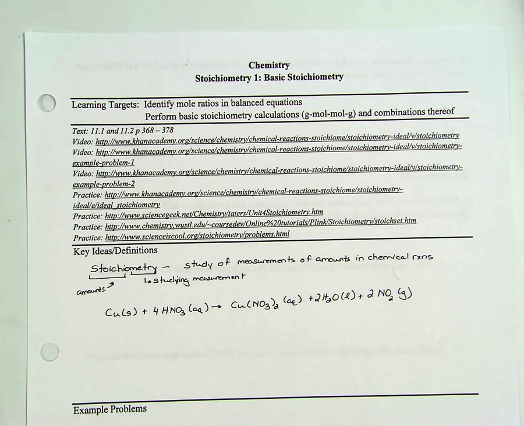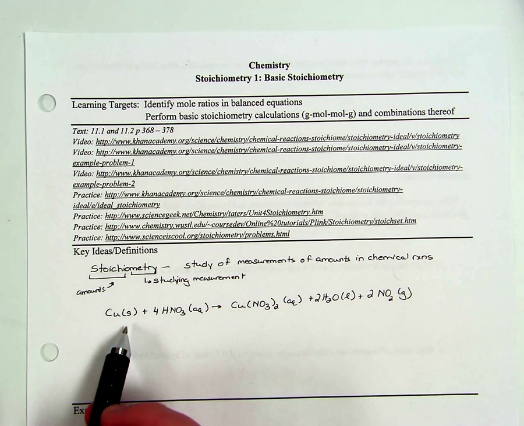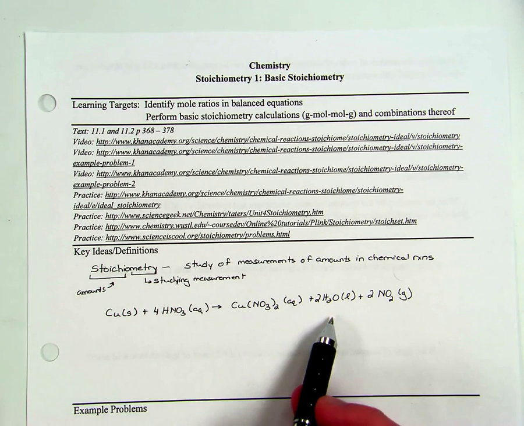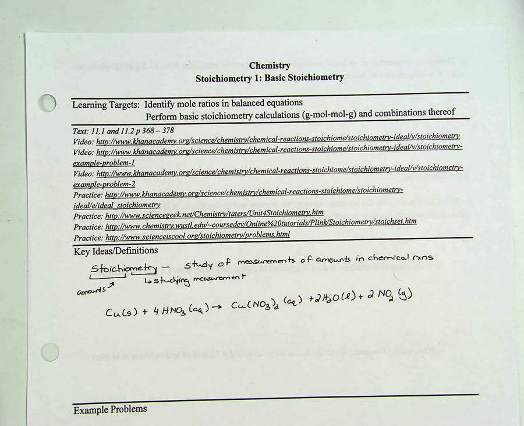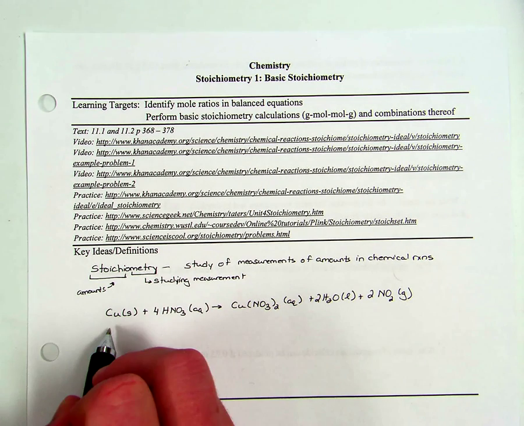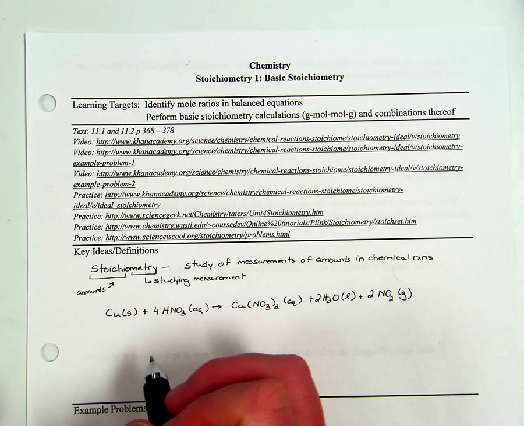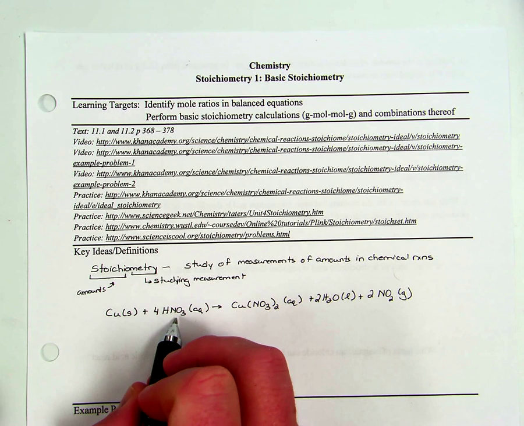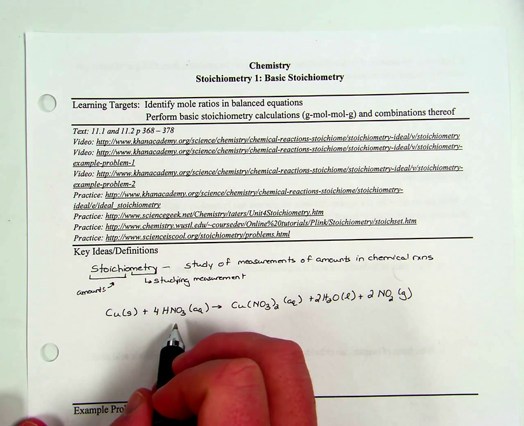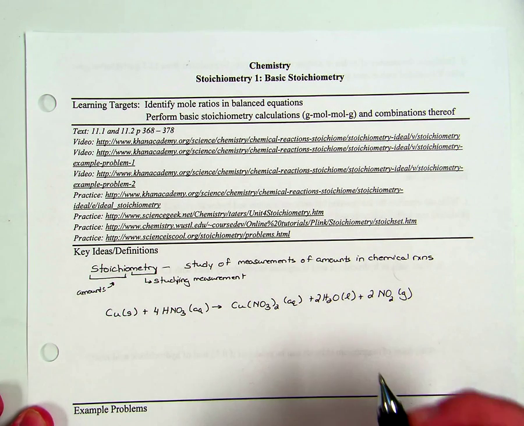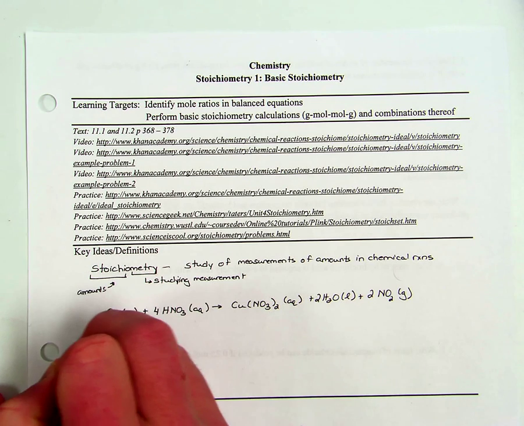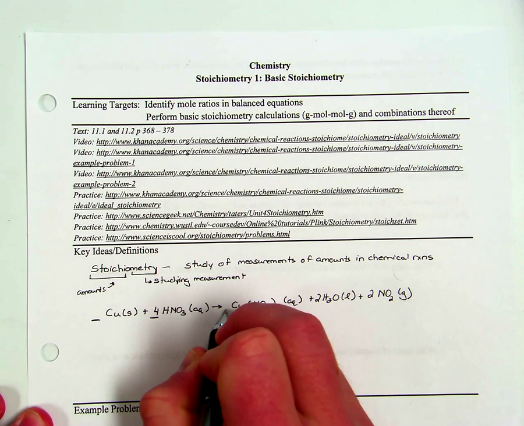But it also tells us a number of moles, a mole ratio, because as we know, if we have 1 mole of anything, whether it's copper or nitric acid or water, we have Avogadro's number of those particles. So if I have 1 mole of copper, that would be 6 times 10 to the 23rd atoms of copper. If I had 1 mole of nitric acid, it would be 6 times 10 to the 23rd molecules of nitric acid.